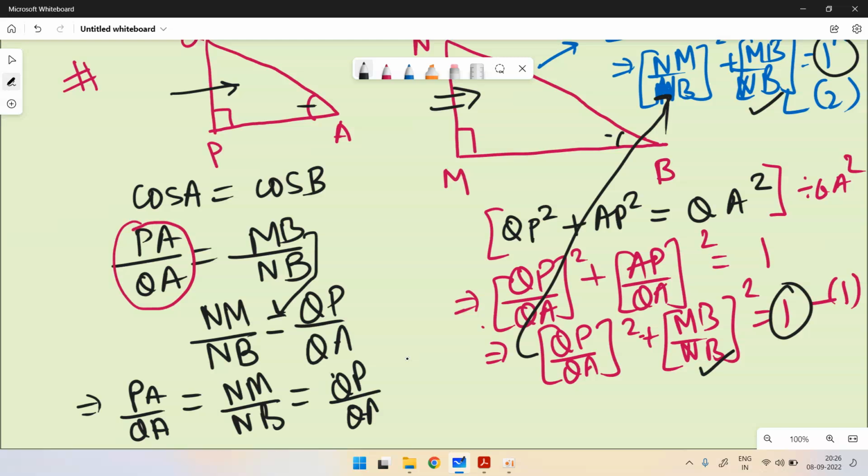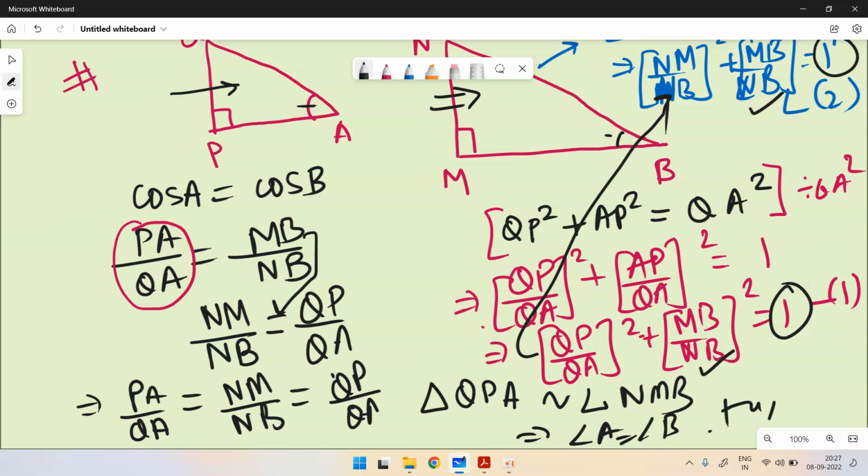So if this is true, then triangle QPA is similar to triangle NMB, which implies that angle A equals angle B. Hence proved.